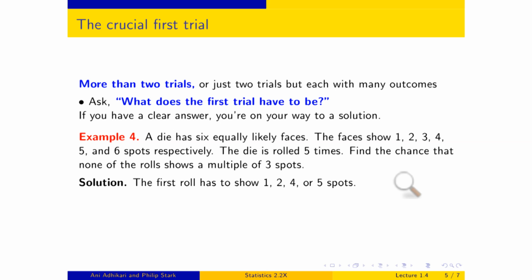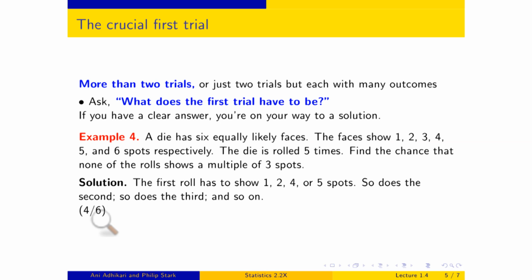What about the second roll? What's that same die being rolled again? It's the same condition. So yeah, now you're in business. What are you going to do? Well, your second roll also has to show the same set. So does the third, and so on. So the first one, satisfying the condition, has chance 4 in 6.